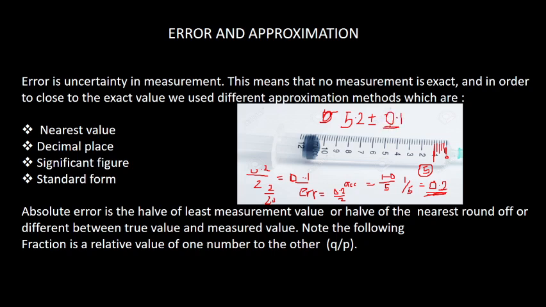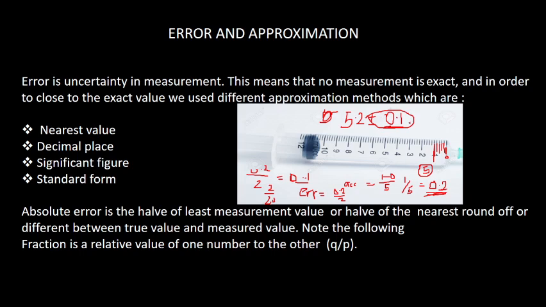This is the error that may arise. That is to say, the value can increase by 0.1 or it can decrease by 0.1. But in many of our real-life measurements, of course, we don't really care about this particular error that can occur. This error enables us to take what we call accurate measurements.